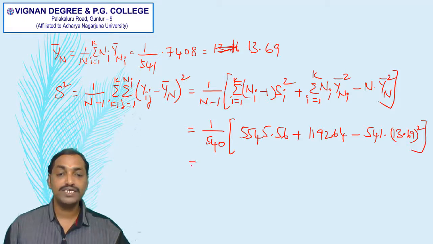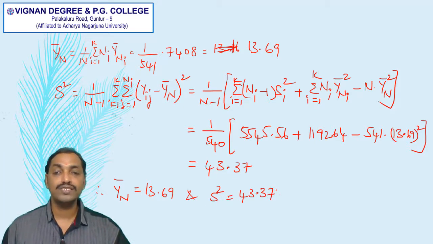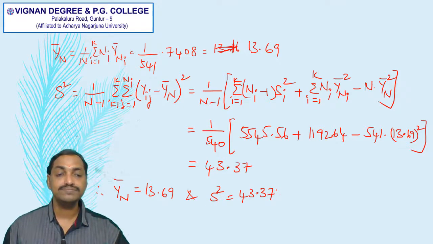On simplification, we will get 43.37. So, therefore, capital Yn bar is equal to 13.69 and capital S square is equal to 43.37.